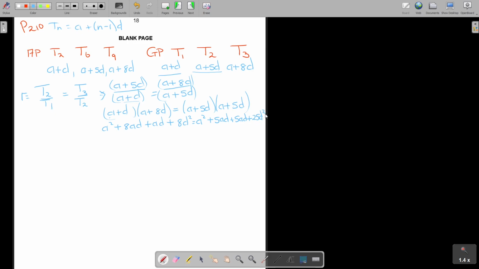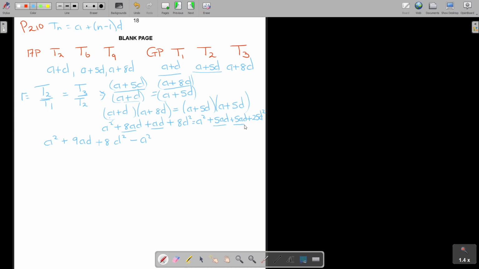Okay, and if I simplify this now, I'm just going to see what I get here. Let me just take everything over. So A squared plus 8AD, let me simplify at least the sides. So it's 9AD plus 8D squared minus that A squared from the other side.